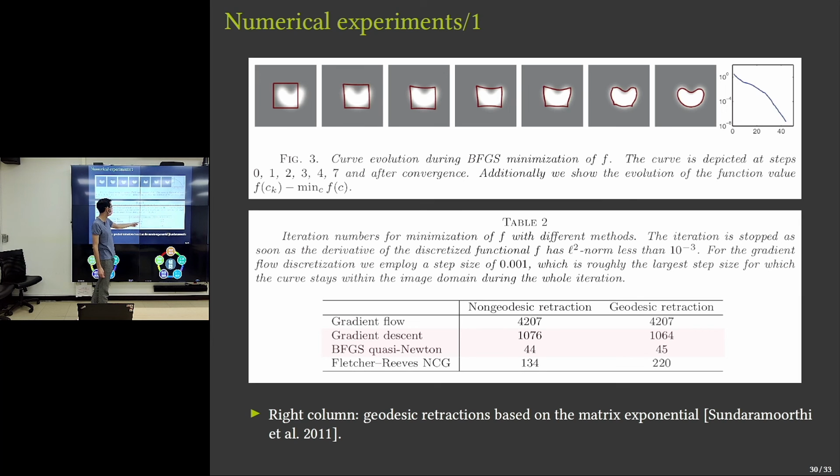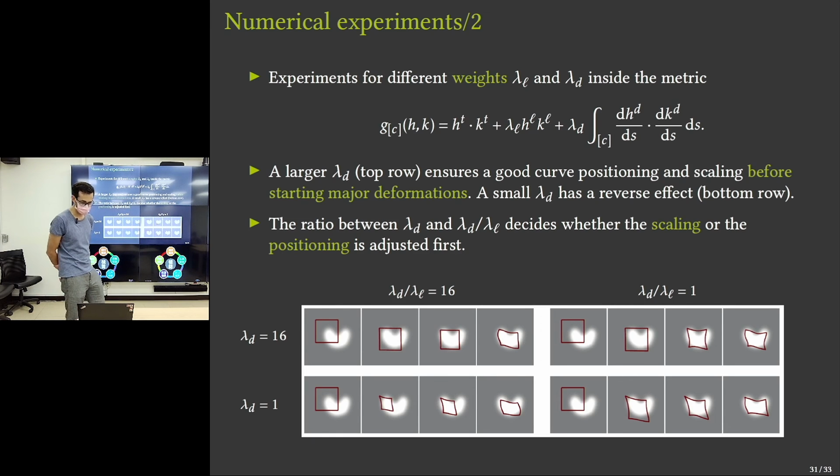Well, at least one. So it's really much faster. BFGS really shows a superlinear convergence. It's a method they consider here. It's nice. I think it's really cool.